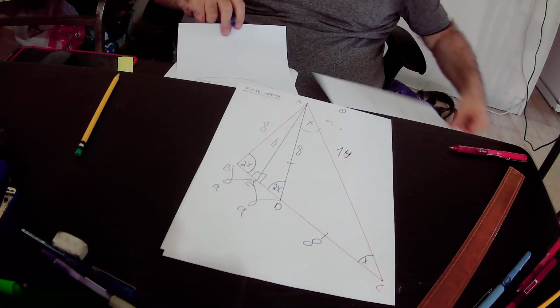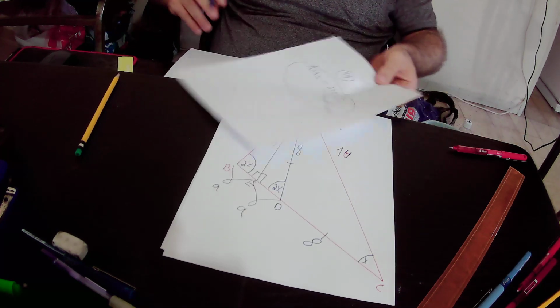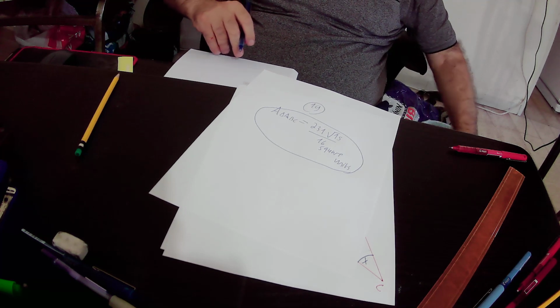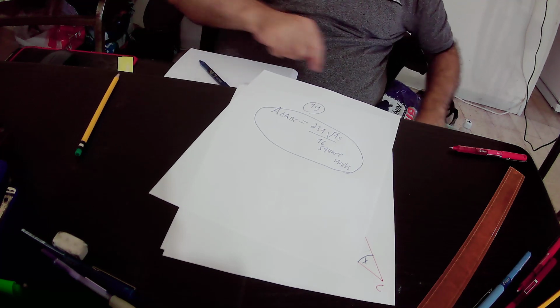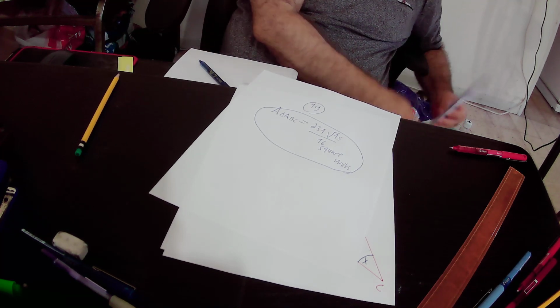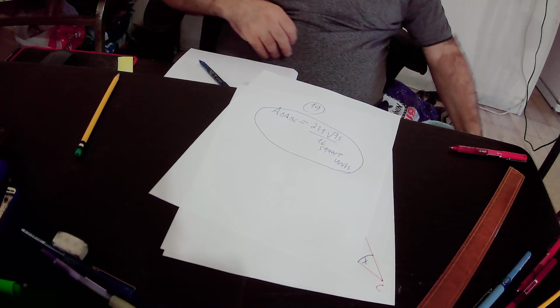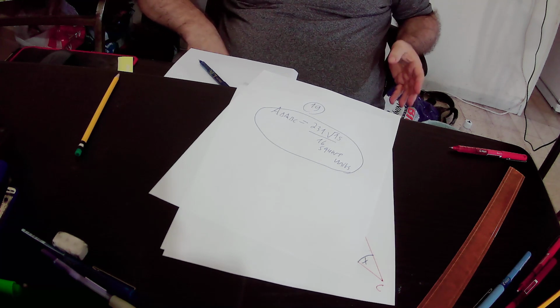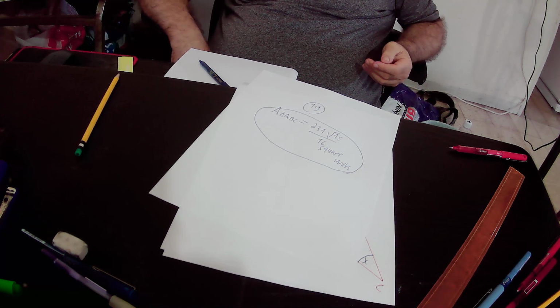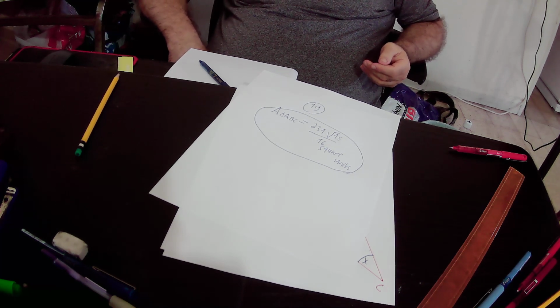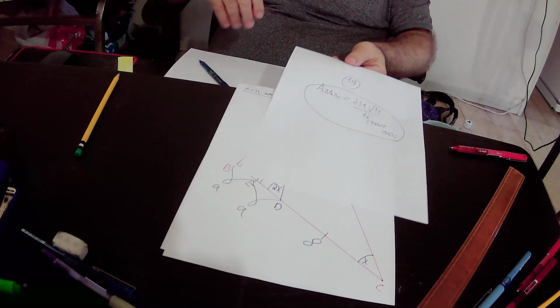Again, the area of triangle ABC equals 231 times root 15 over 16 square units. Okay, so that was the first method to find out the area of triangle ABC.